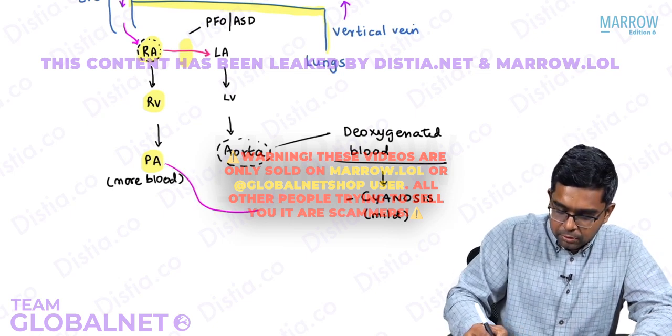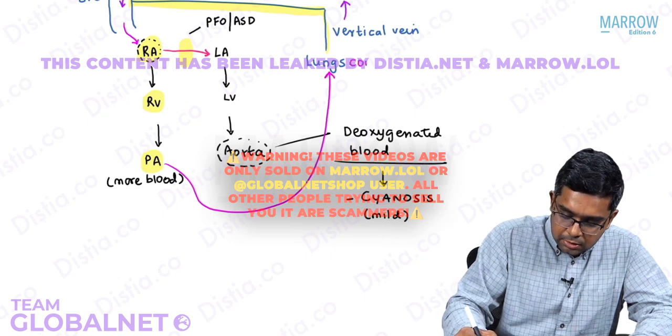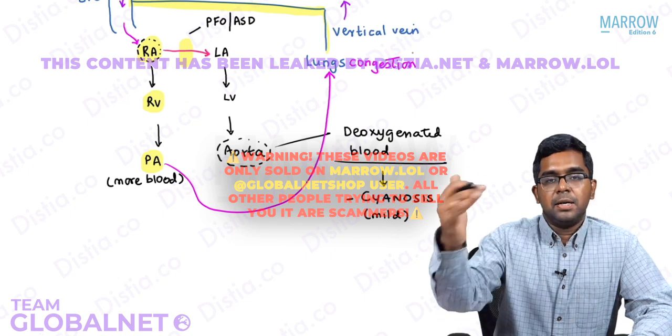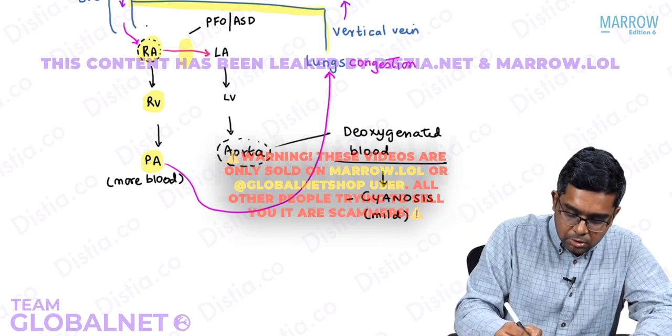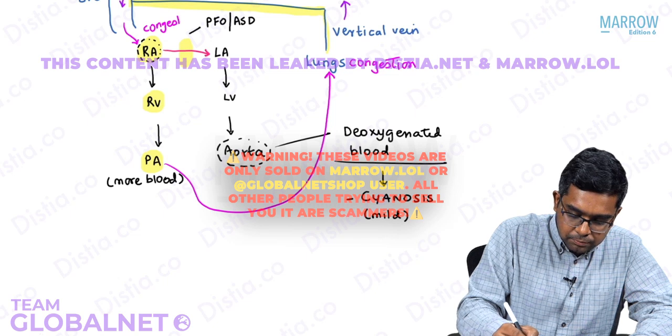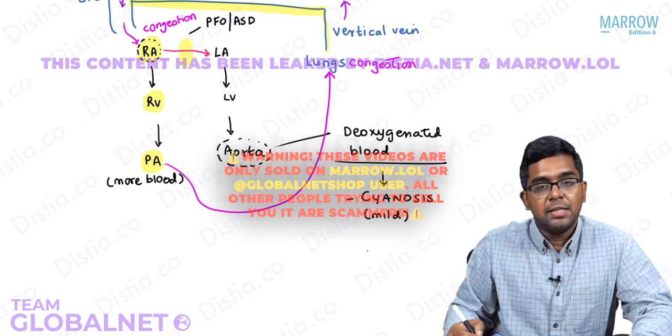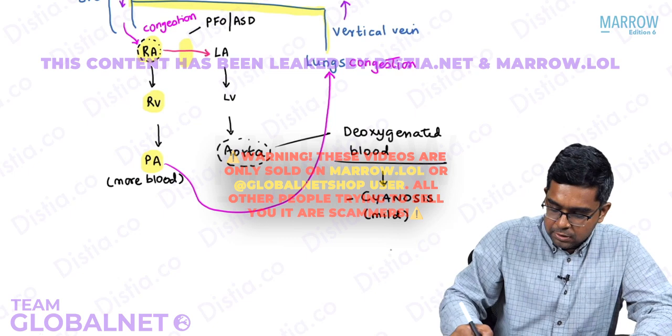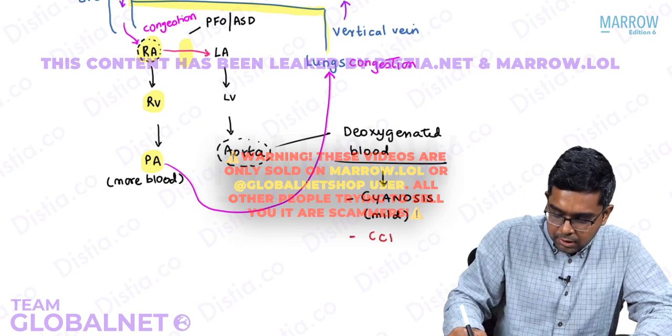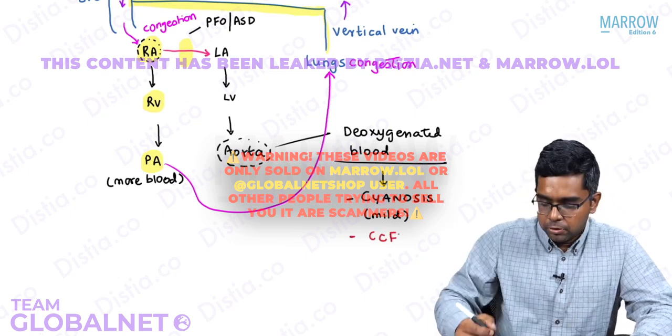What is that? Going into the lungs, causing congestion inside the lungs. After some time, what will happen? The blood is again coming back to the heart only, causing congestion in the heart also. So what should be the next finding in this patient? They also develop features of congestive cardiac failure. That is the next point to be noted.